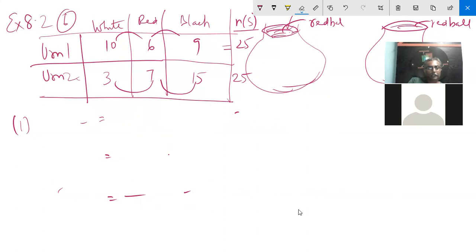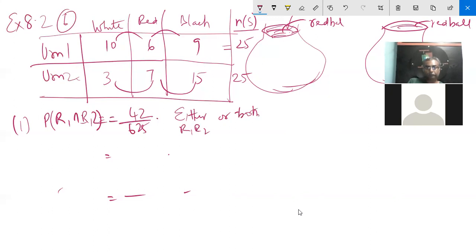Okay, both balls are red. It's 42 by 625. P of R1 intersection R2, you put like that, is equal to 42 by 625. Okay, now you have to find out both balls are of the same color. That means it can be either both are red or both are white.